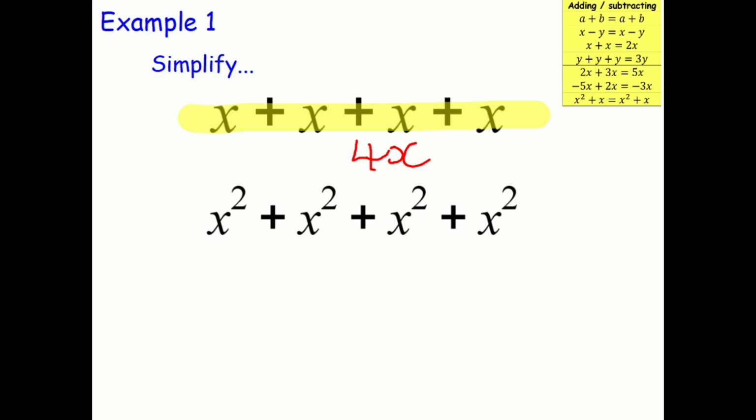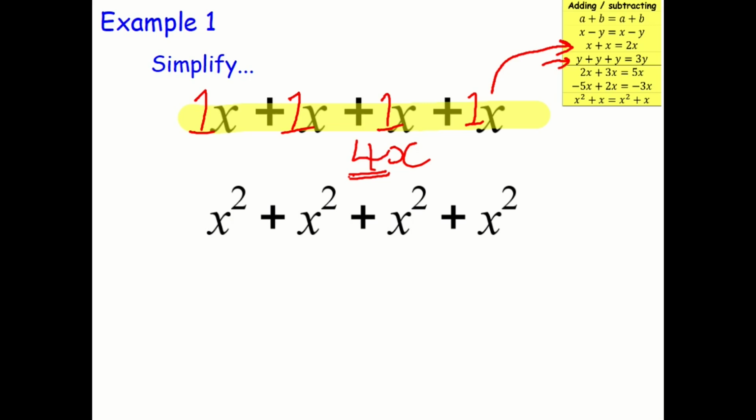Well, because what's in front of here is basically an invisible 1. And if you add like terms, then the number in front of it changes. And I also talked about some rules in the last video, and this was one of the rules that we talked about. So if you've got x plus x here, you can see in the little rules up here, that gets you 2x. And similarly, the one below, y plus y goes to 3y.